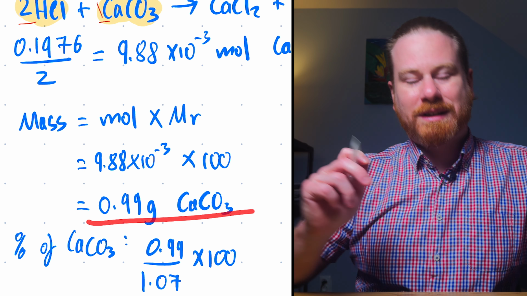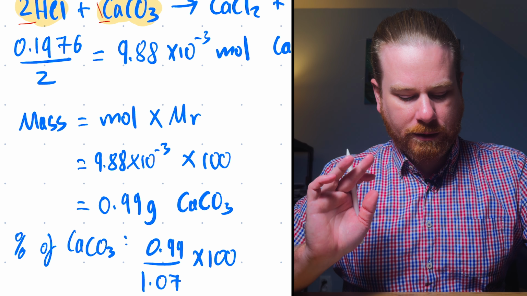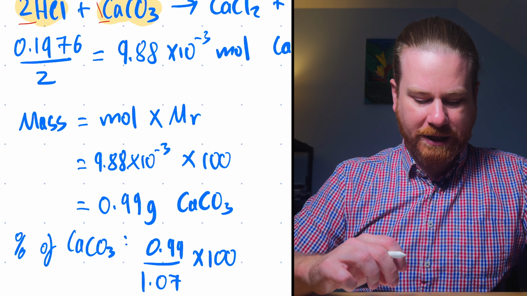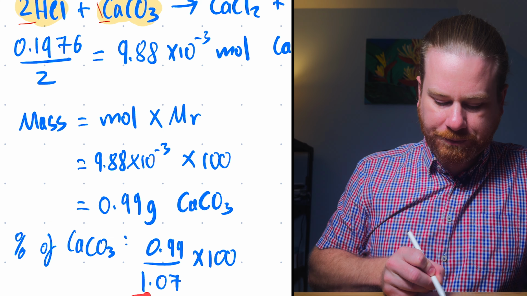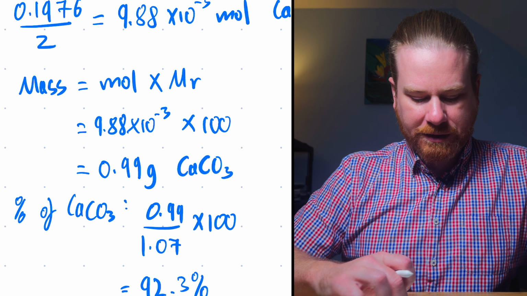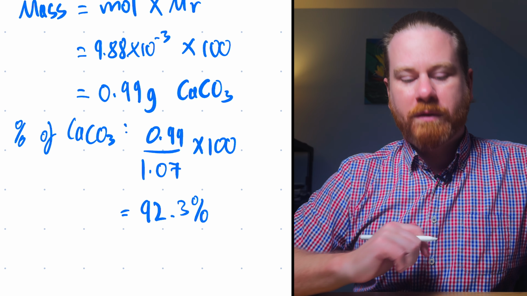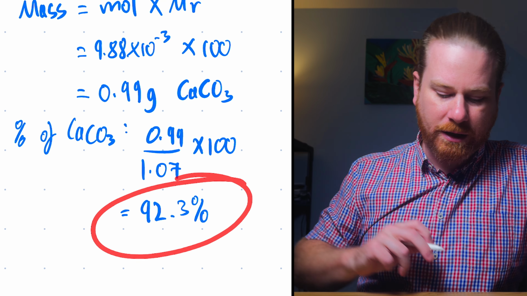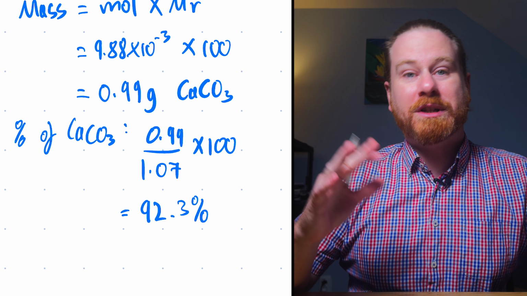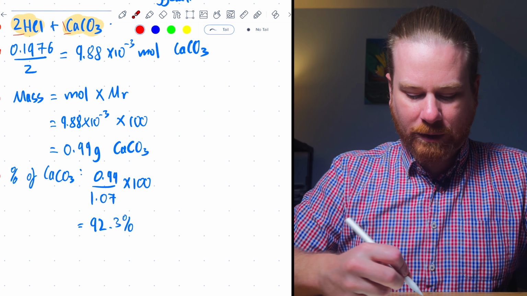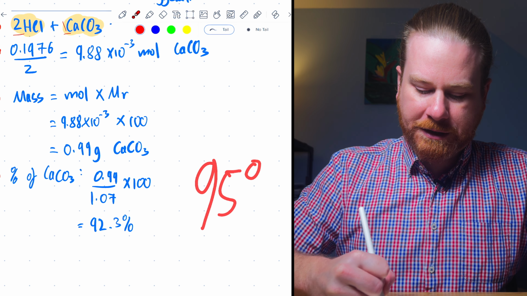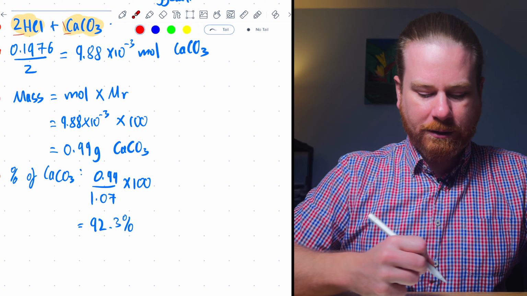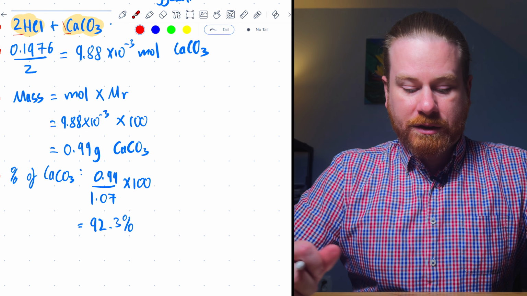So we know we've got 0.99 grams of calcium carbonate in our original 1.07 grams of eggshell. Converting that to a percentage, we get 92.3%, which is vaguely what we would expect. It's around 95% calcium carbonate that should be in eggshell. So happy days.